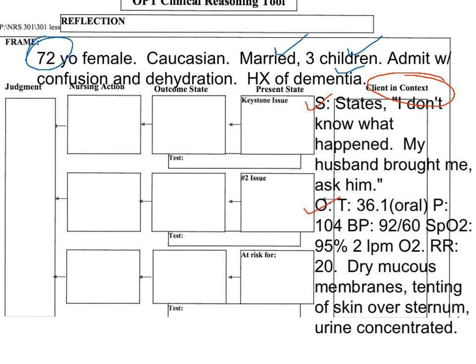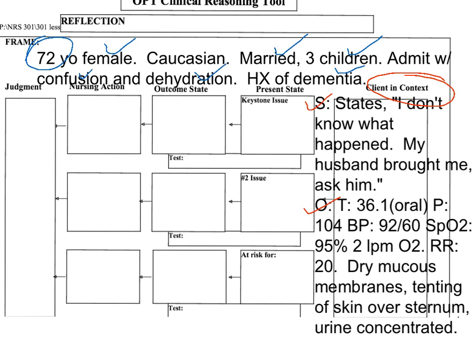Well, if you remember that the definition of client means individuals, families, communities, and populations, and you know that this person has confusion and dementia, then you're going to start expanding your definition of client with this situation. Your client will not only be your individual patient over here, but your client will also be the spouse and the 3 children, because you're going to need to be providing education to them.